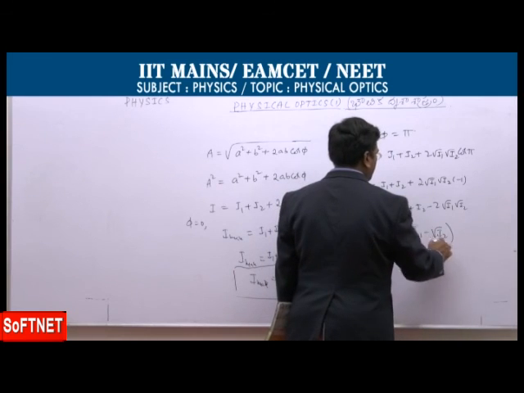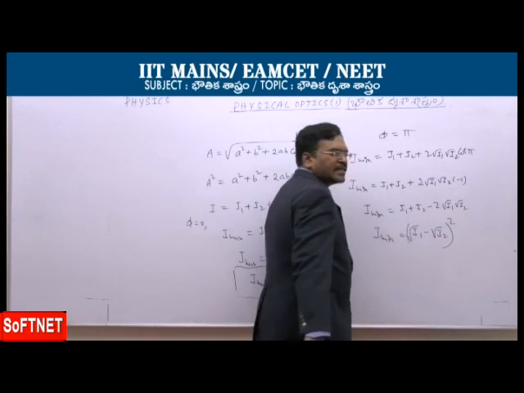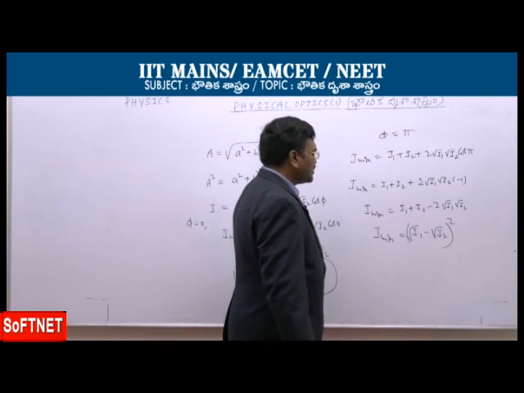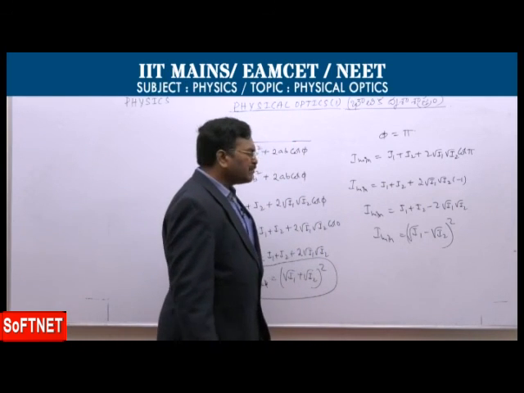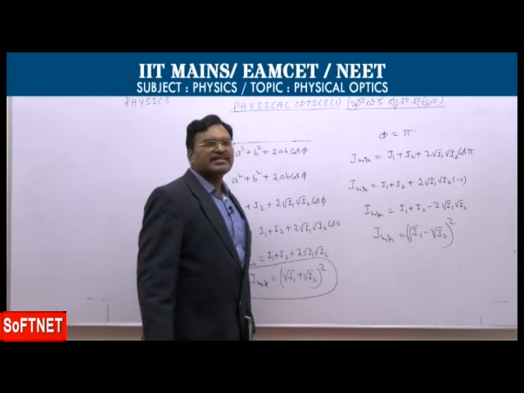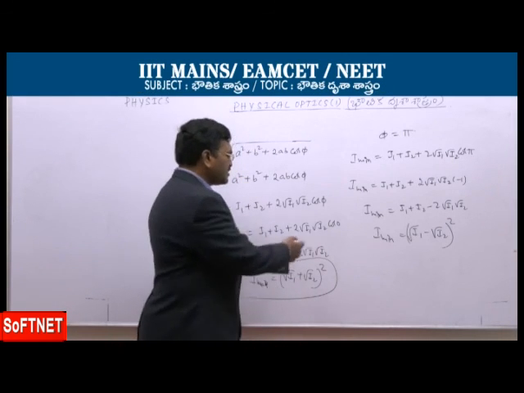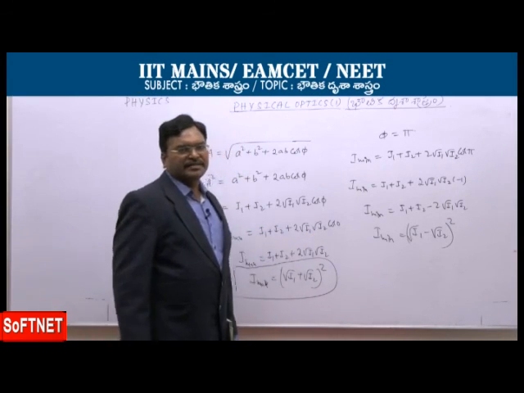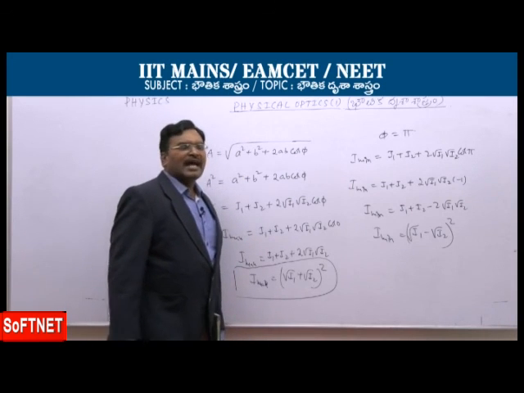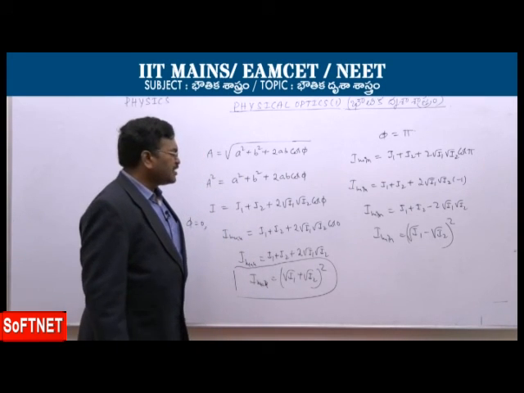A minus B whole square is A square plus B square minus 2AB. So I minimum is root I1 minus root I2 whole square. If I1 is equal to I2, I minimum becomes 0. This is for maximum intensity, and this is for minimum intensity, when two waves have different intensities and different amplitudes.